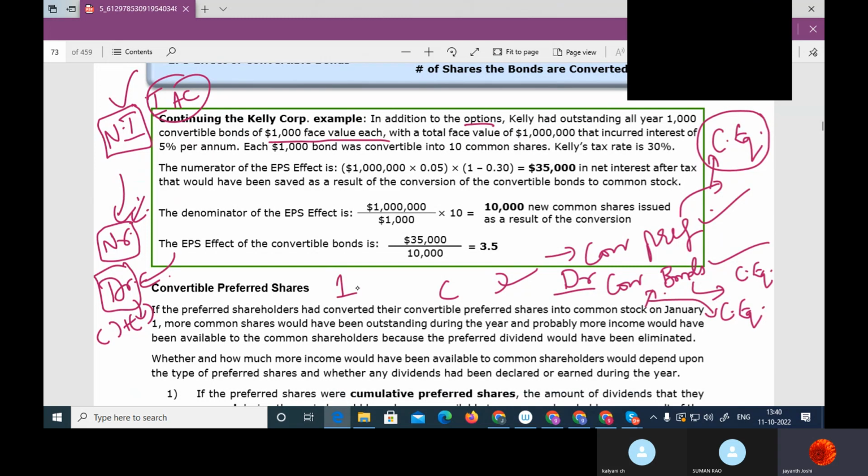Generally bonds are always denominated in terms of $1,000. When you multiply 1,000 with $1,000, you get $1 million, and that is paying interest of 5% per annum.